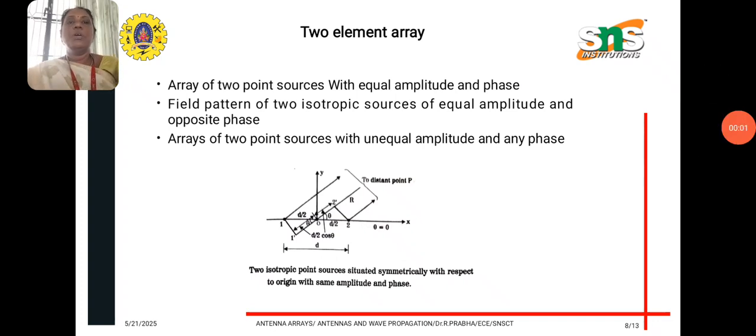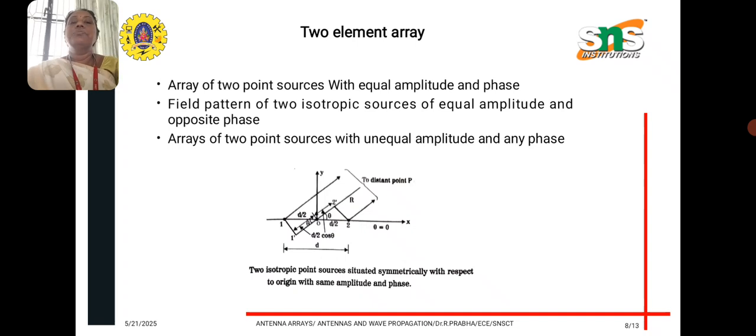Next is the two element array. The two element array consists of two point sources with equal amplitude and phase, and this is the broadside case. Here, the total field pattern is the addition of the patterns of the individual sources. Here the origin is at the center, and antennas 1 and 2 are located at equal distance from the origin.